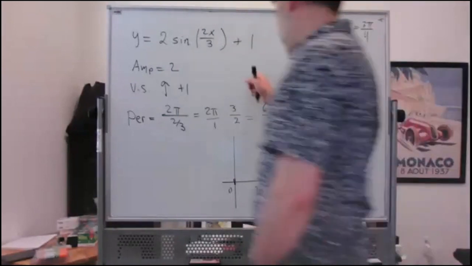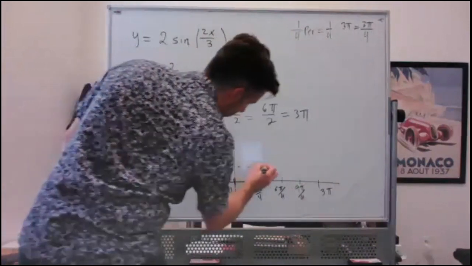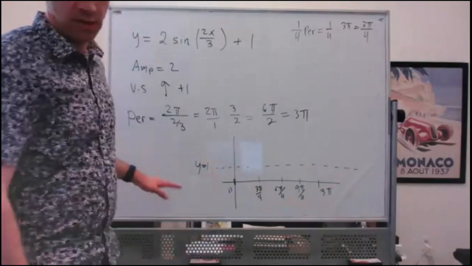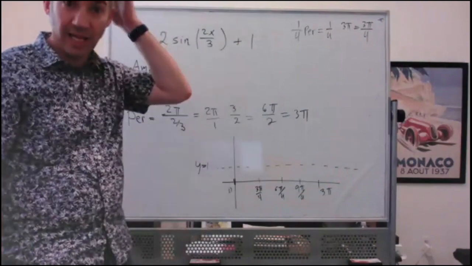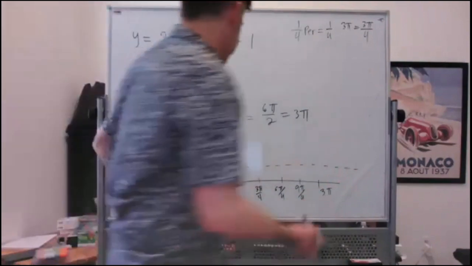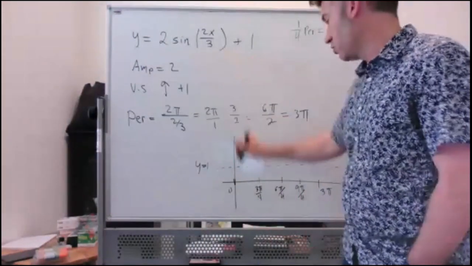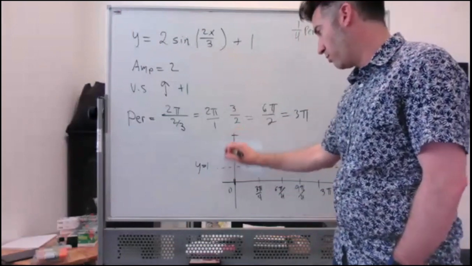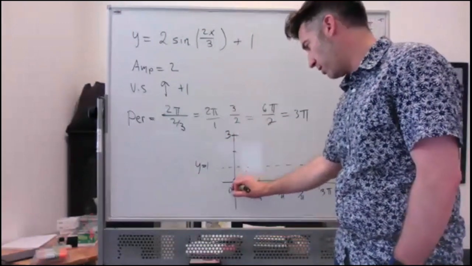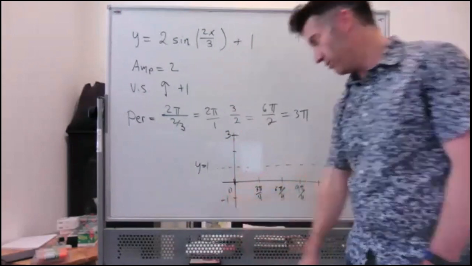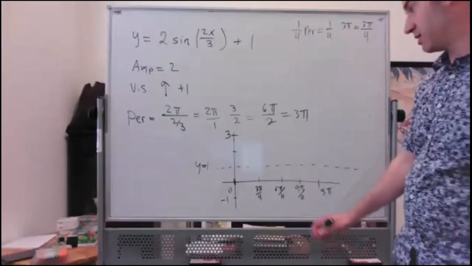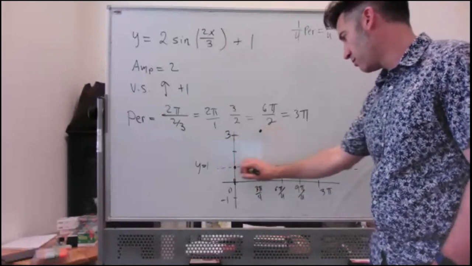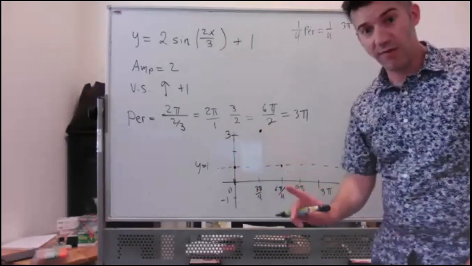And then we're shifting up 1, so our new middle is up 1. I definitely encourage everybody to draw this line, or at least think about where that line is when you have a vertical shift. Our amplitude is 2, meaning we go 2 above our middle, and 1 plus 2 is 3, and 2 below our middle, 1 minus 2 is -1. Sine starts in the middle, then goes up to the top, back to the middle. Be careful.